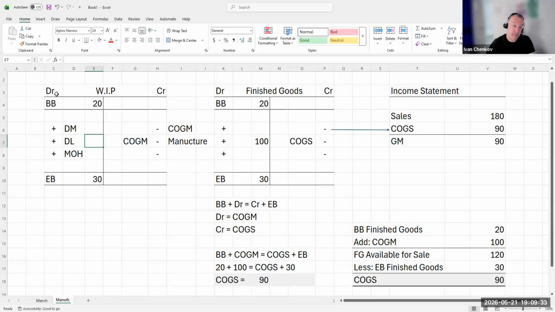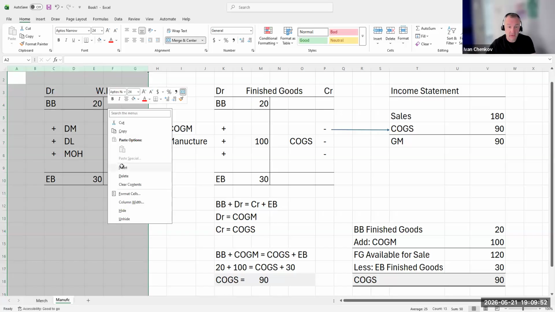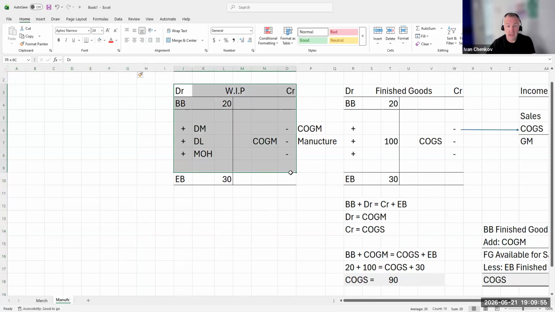But as you remember from the slides, the work in process account is the second of the 3 accounts. The bottom was finished goods, before it was work in process, then we have one more account. So I need to add more columns here. What do I need now? I need another account, which is called raw materials.